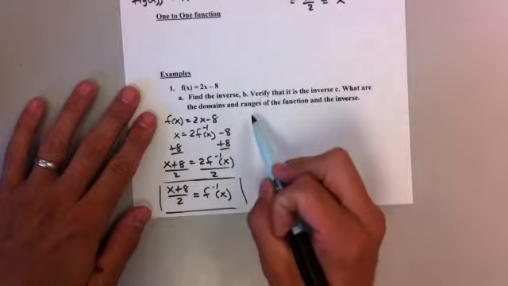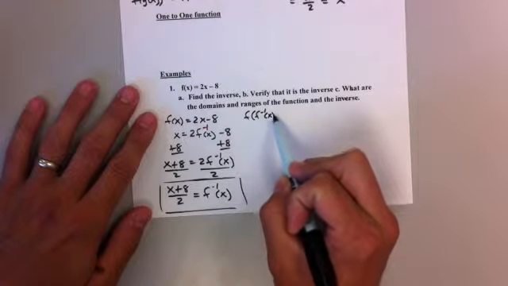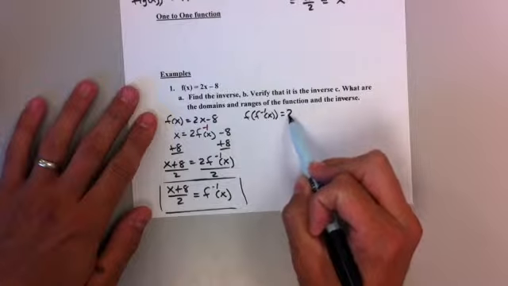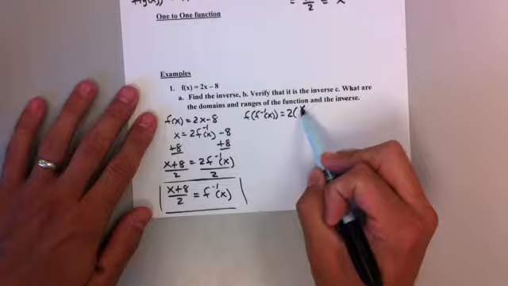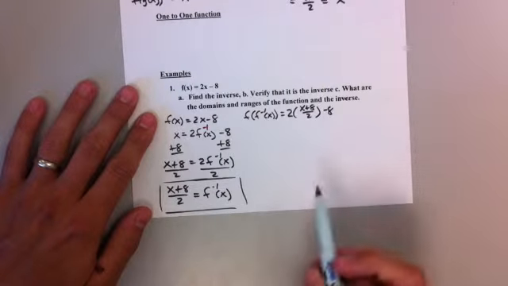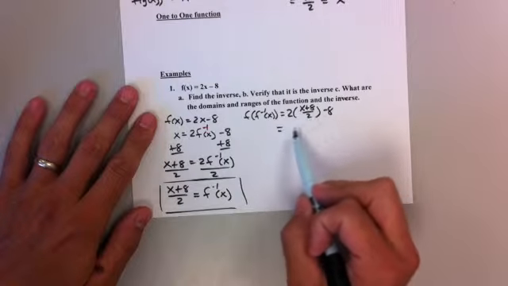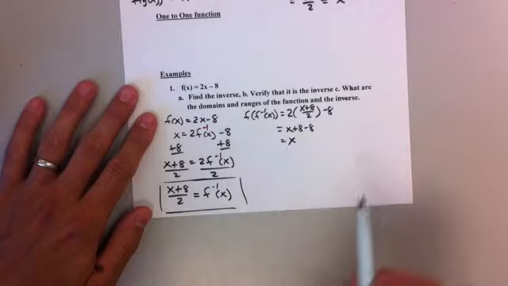If I do this part first, f of the inverse of x, so it'd be 2, and then instead of x, I'm going to put this, minus 8. So here the 2's cancel, and I get x plus 8 minus 8, so obviously I get x.